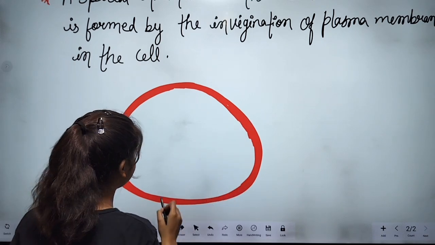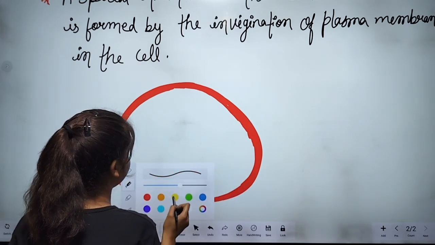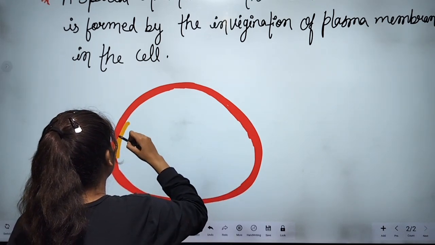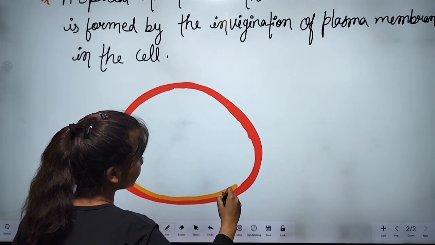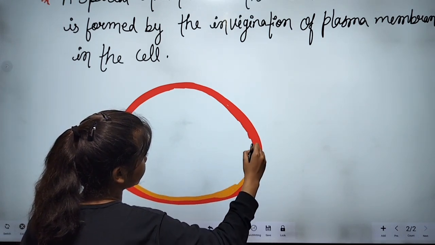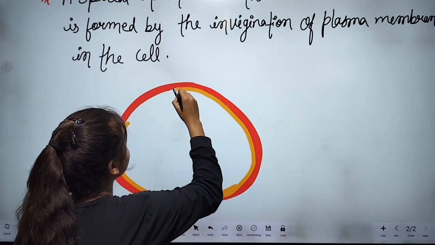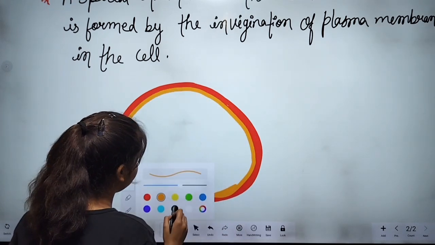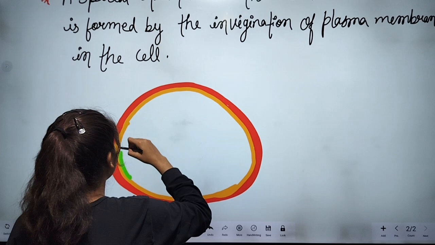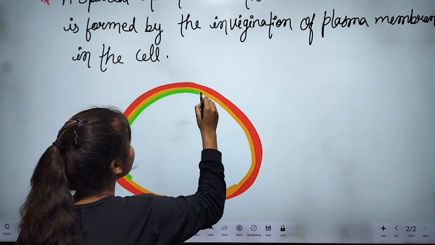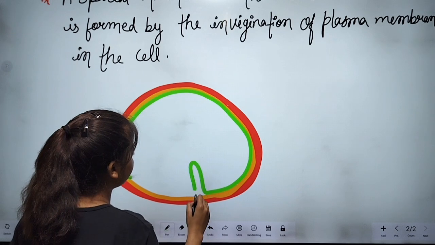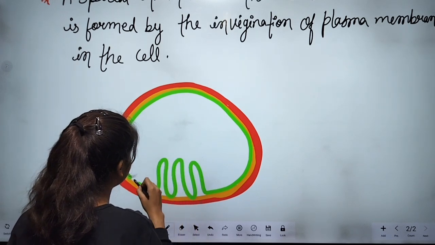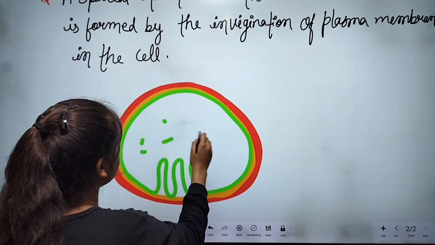To understand this point, the second layer is the layer of the cell wall, and after that there is another layer called the plasma membrane. And this layer invaginates towards the cytoplasm.